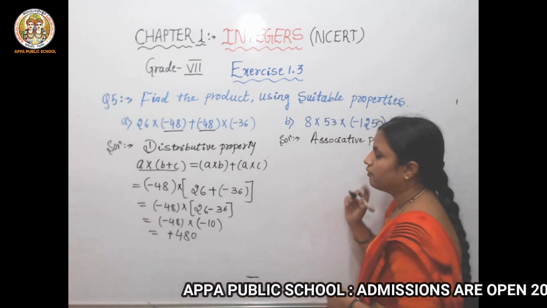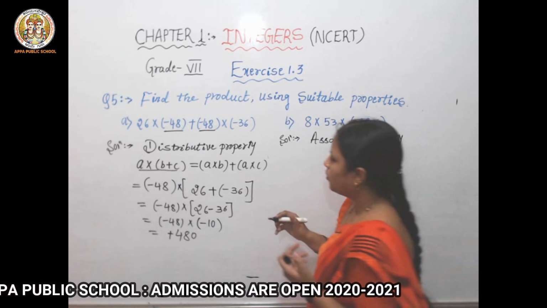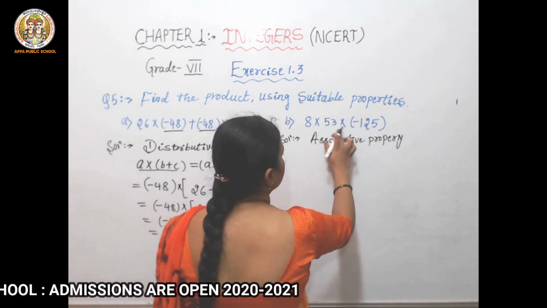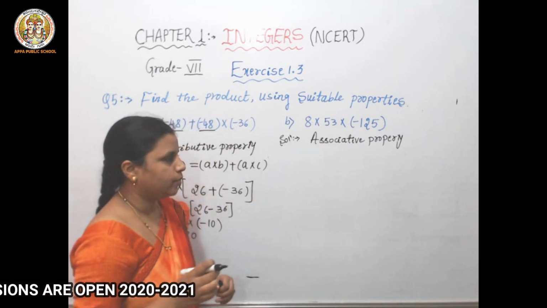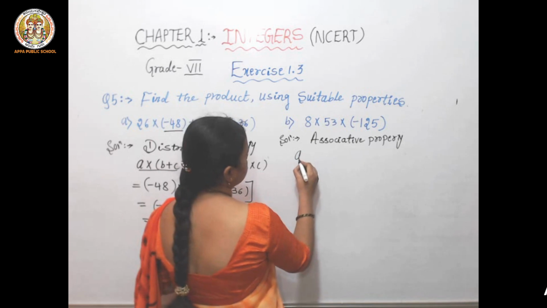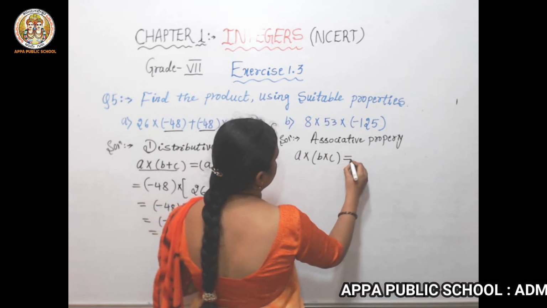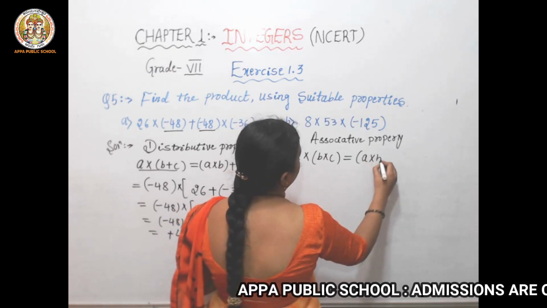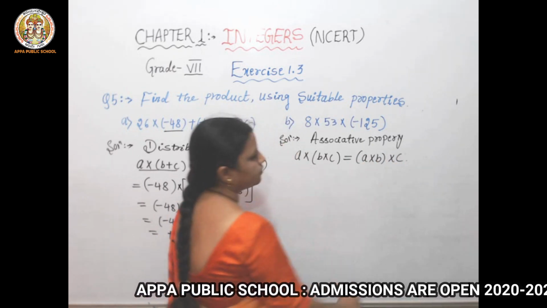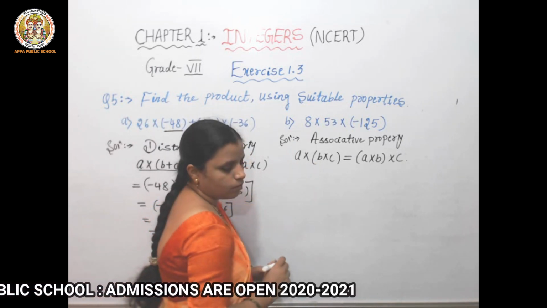In that we are having 3 elements. So here also we are having 3 elements. Here the operation is multiplication, so we are using the associative property for multiplication. It has (A into B) into C is equal to A into (B into C).